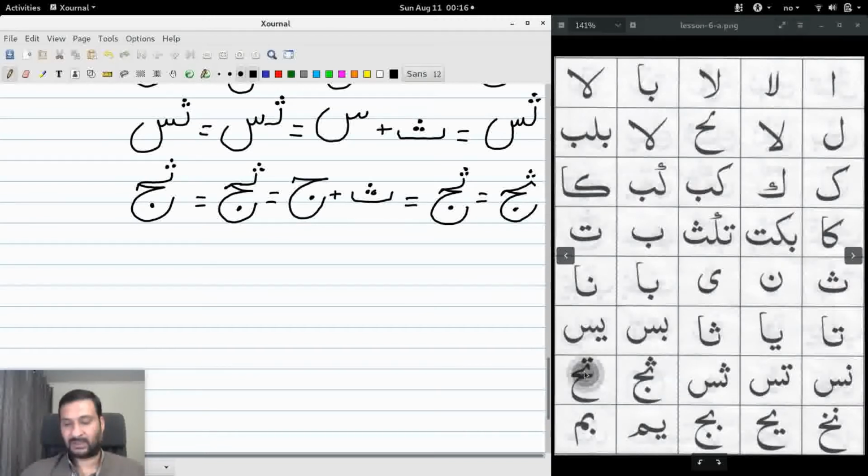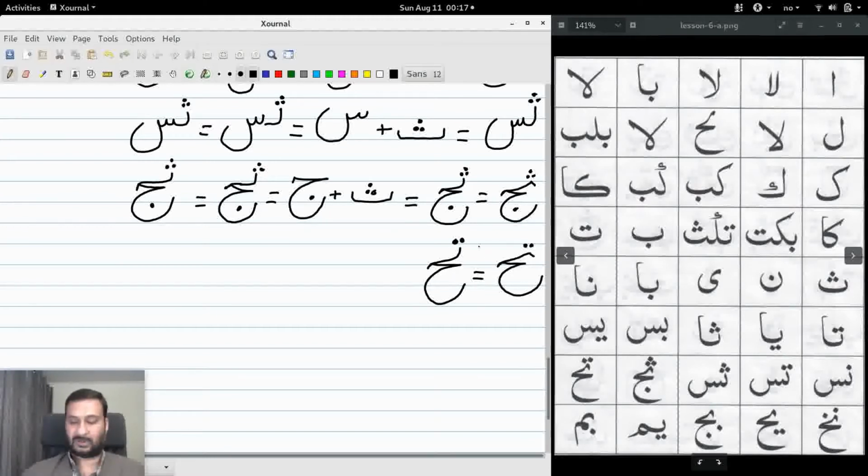Then is ta, ha. So I'll mimic this ta here, small little line which is not necessary. So this is ta, ha, and this is of course equivalent to this way of writing, ta, ha.